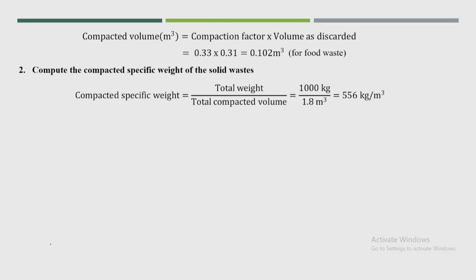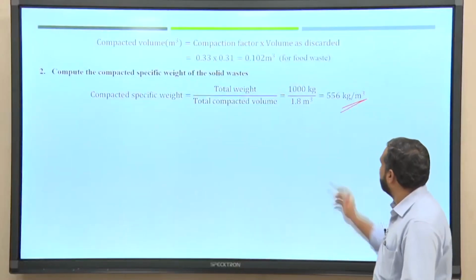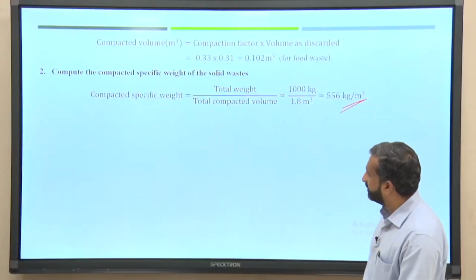The compacted specific weight is weight divided by compacted volume. Weight was 1000, volume was 1.8 meter cube, so the compacted specific weight we got is 550 kg per meter cube. This is the answer for the first question: the specific weight of well compacted waste is 550 kg per meter cube.